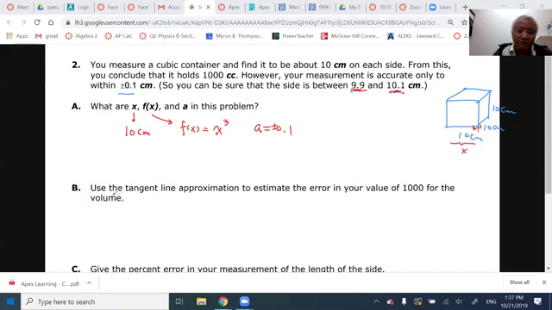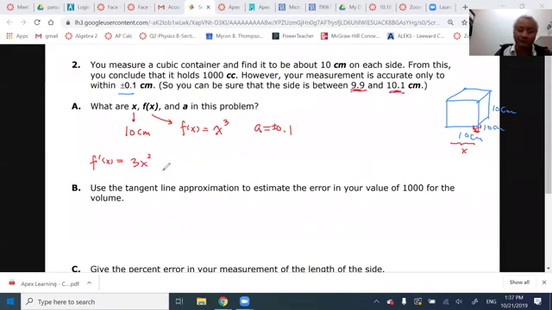But they ask you to use the tangent line approximation to estimate the error in your volume of 1,000. Because of the size change, the volume changes, so there is an error on the volume. How do you do that? The first thing is you take the derivative. f'(x) equals what? 3x squared, right?